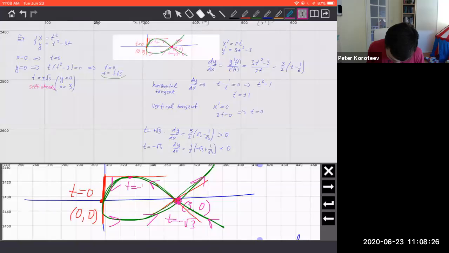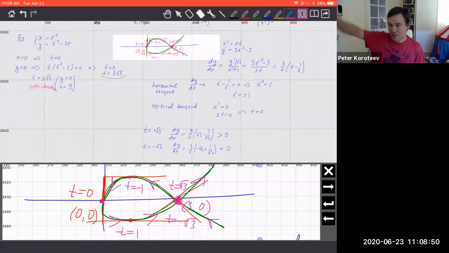Then we approach t equals 0 when the tangent is vertical, and then it symmetrically replicates back. So then we come here, t is equal to 1. Again, it's horizontal, as we have found. And then we come back again to the self-intersection point at value t equal to plus square root 3, and we shoot off to plus infinity.